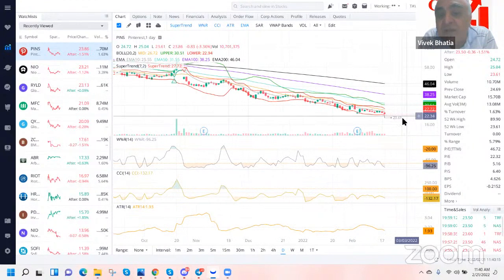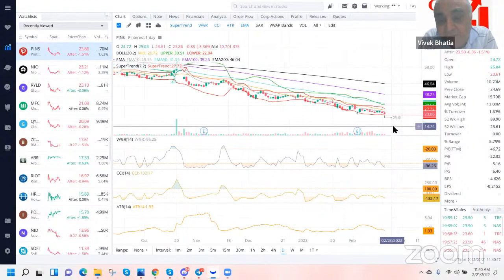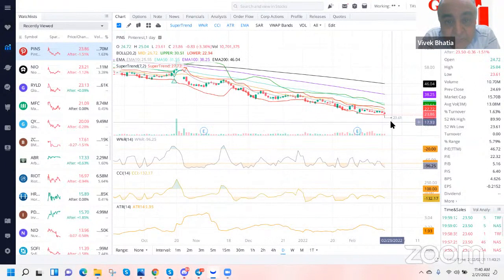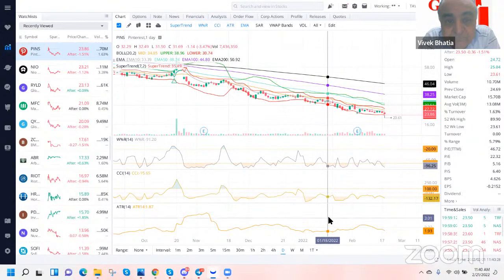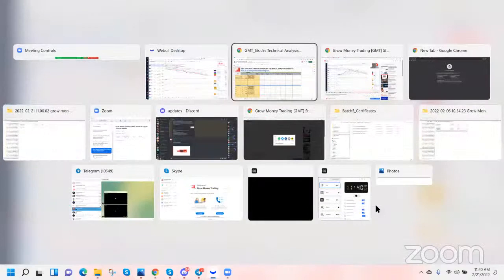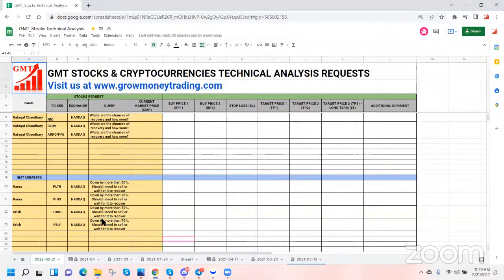Even on the day chart, the trend is almost a 30 degree angle. So we would recommend to average down or enter around 18. Until then, it's better to stay away from Pins.